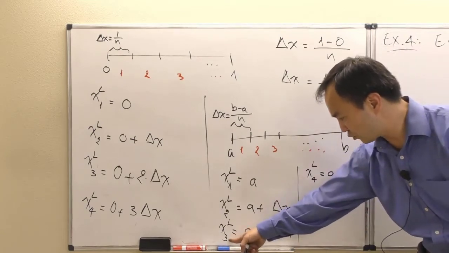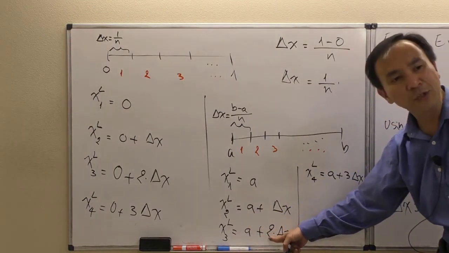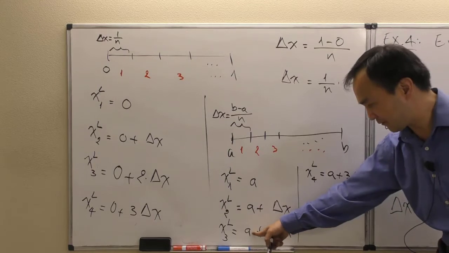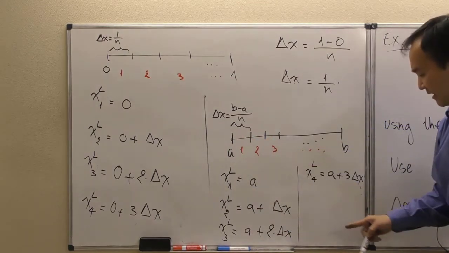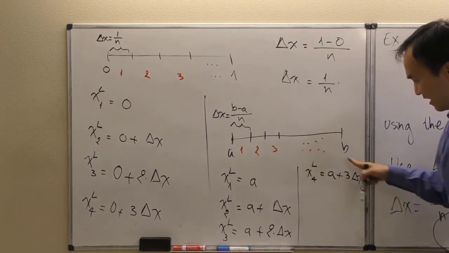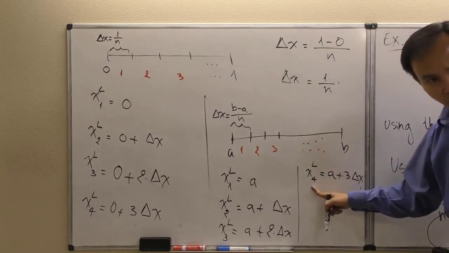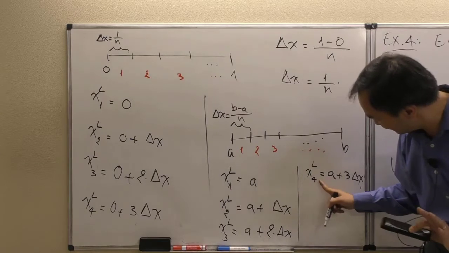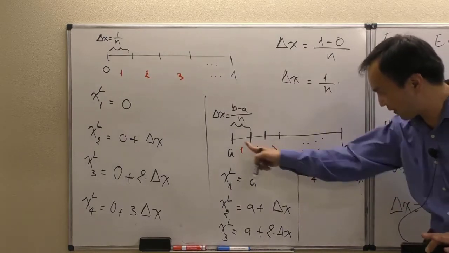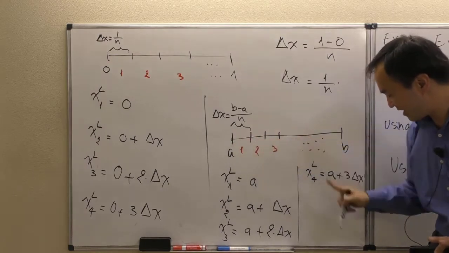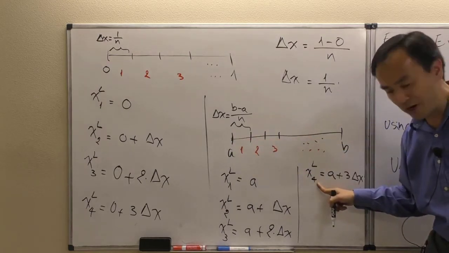It's interval 3, but we need to add 2 times the delta x from the starting point of the total interval. Let's double check again when we're at the fourth interval. If we are currently at the fourth interval, then we need to add 3 times the delta x from our starting point, 1, 2, and 3, to get to the left endpoint on the fourth interval.